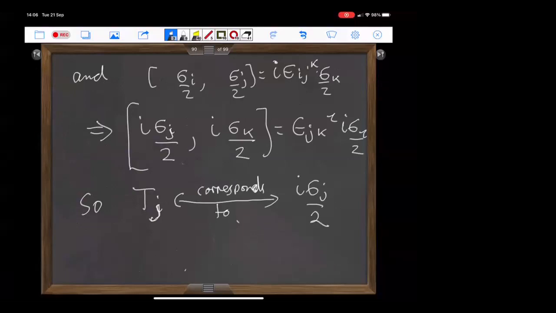And so the point was that the Lie algebra of SO3 is actually the same as the algebra of SU2 and has a two-dimensional representation, which is given by the Pauli matrices.